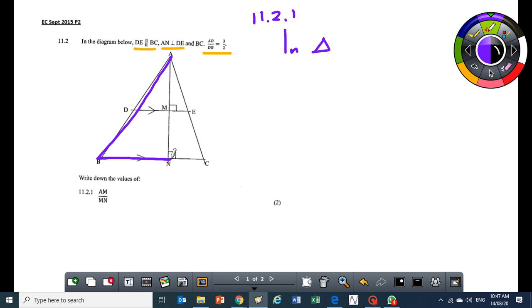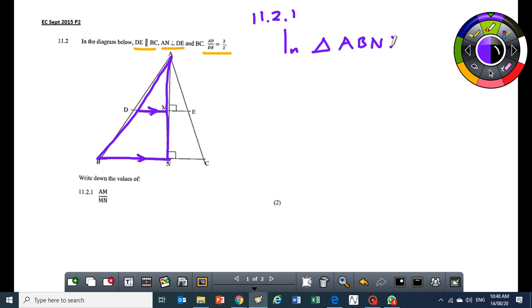That's the triangle, so I've got AM. So I know that those two lines are parallel. So I'm going to name the triangle. So I'll say in triangle ABN.